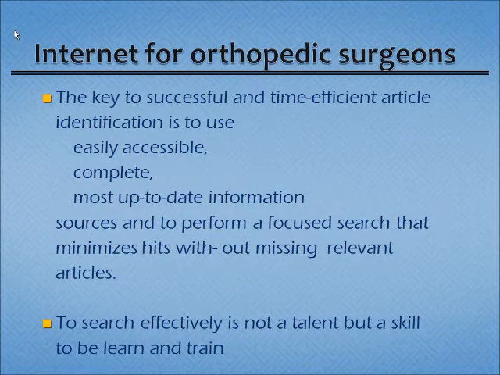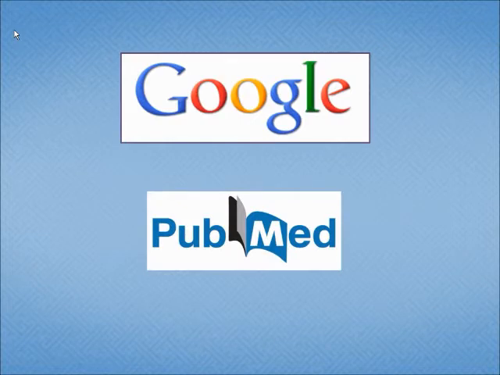It's something learnable. Like surgical skills, internet using skills are learnable things. We have to learn and be trained about how to use the internet. I will talk to you about two instruments, two search engines.